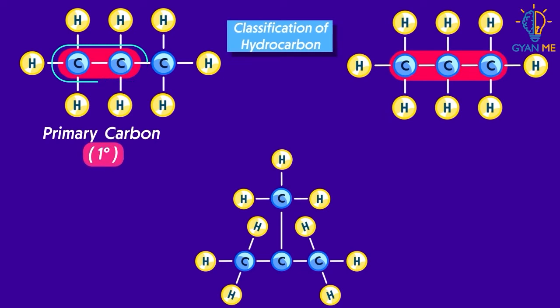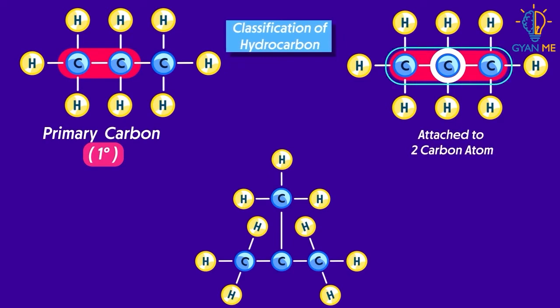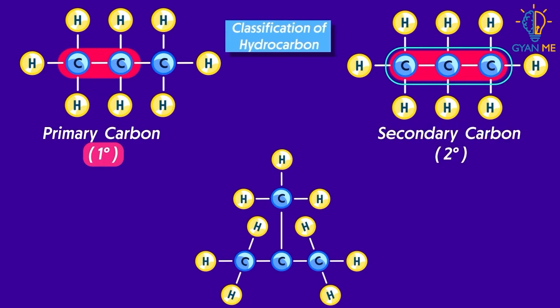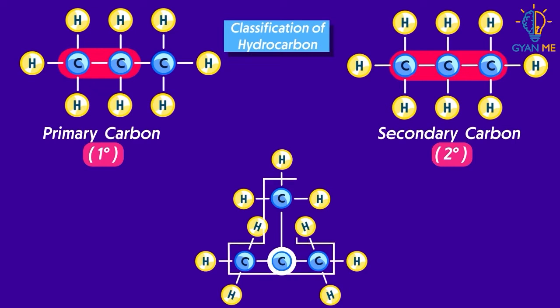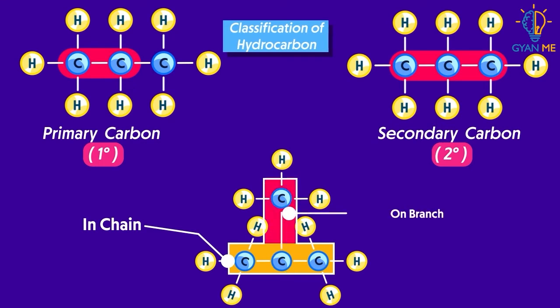In the second structure, this carbon atom is attached to 2 other carbon atoms on either side like this. It is called a secondary carbon atom and represented as this. In the third structure, the carbon atom is attached to 3 other carbon atoms, 2 on either side in the chain, and this one carbon is of the branch that is present in the parent chain.